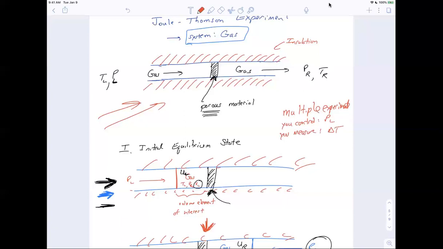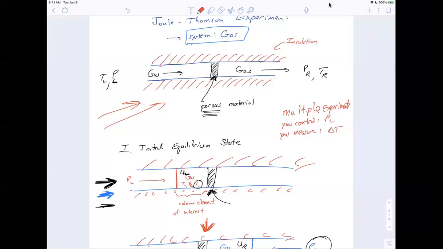You may want delta P to be 10 bar between each experiment, or you may want delta P to be 1 bar. The finer you make that delta P, the more accurate your estimate of that derivative, because that derivative is a limit as delta P goes to 0. So you want to make that delta P as small as you can get it. The more data you have, it's always better.